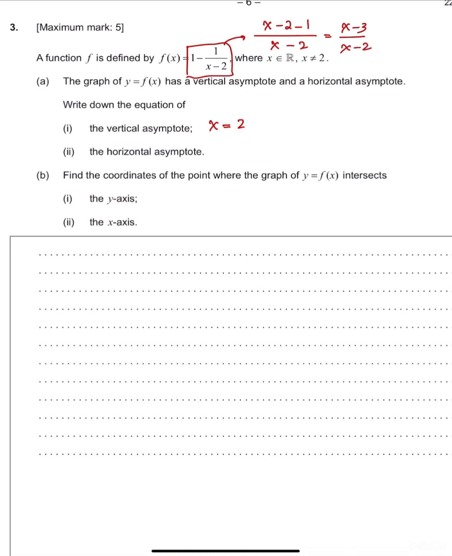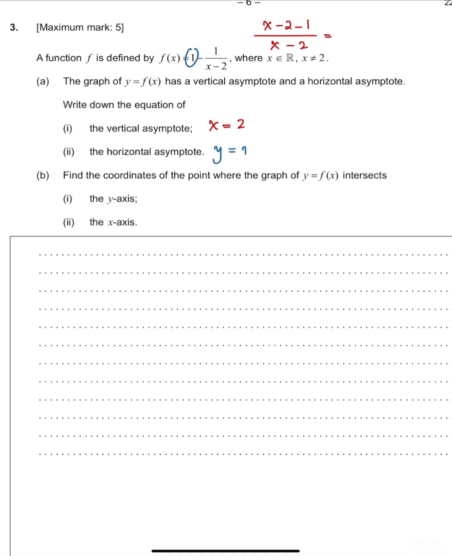So the horizontal asymptote comes from the division of the coefficient of the highest degree on top by the coefficient of the highest degree on the bottom. Here it is 1, so y equals 1.